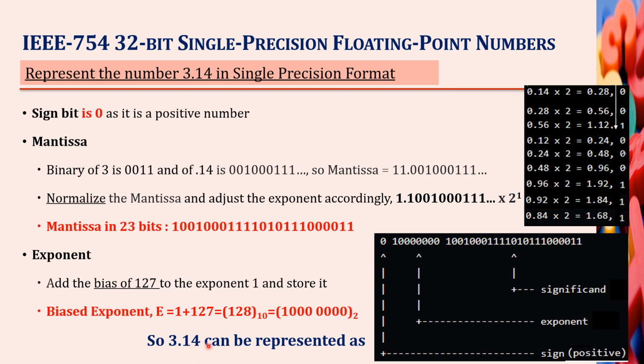So now this 3.14 can be represented as follows: the sign bit is 0, then the exponent part is 10000000, followed by the 23 bits of the mantissa part, also called the significand part. So this 3.14 can be represented in this 32-bit representation.